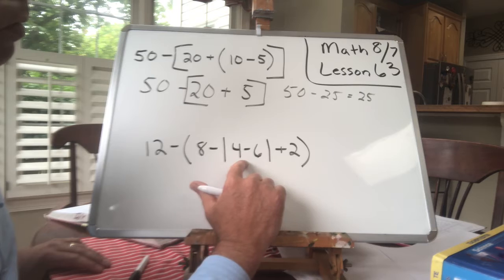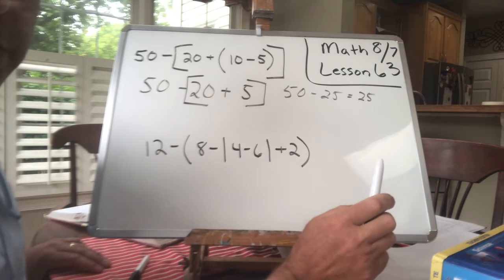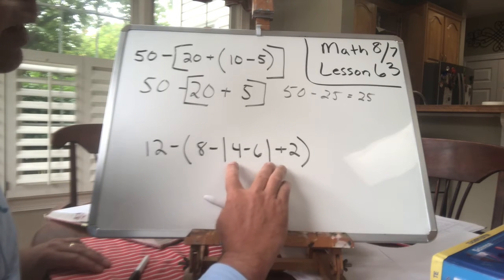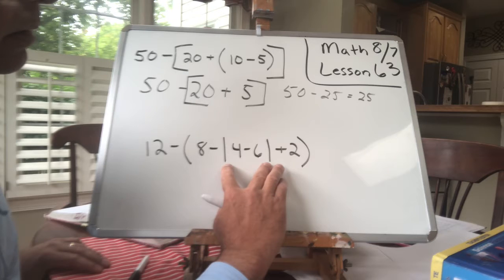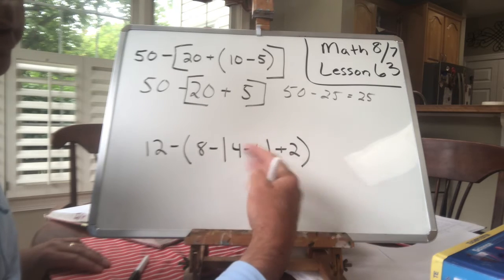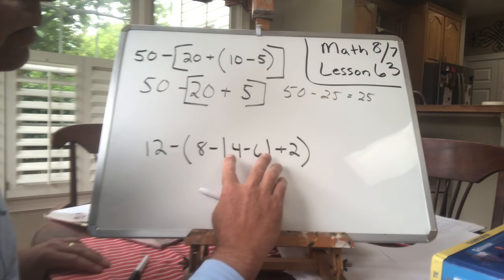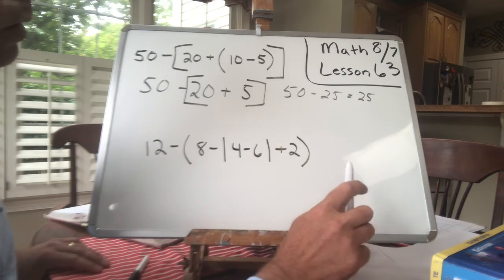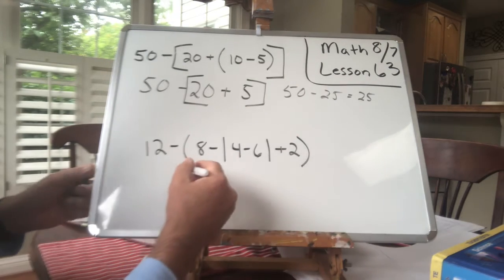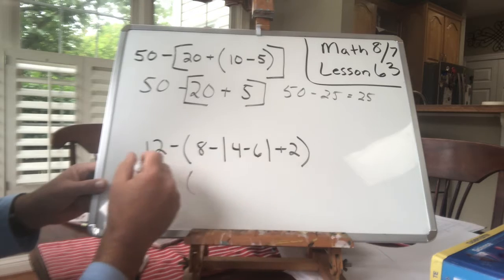Now, 4 minus 6 is going to equal negative 2. But because of the absolute value signs, negative 2 just means 2. Anything on the inside of absolute value signs, whether it's negative or positive, is always going to come out positive.